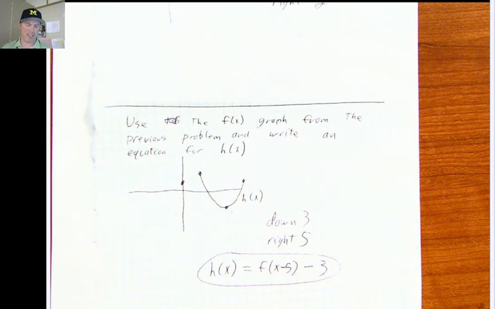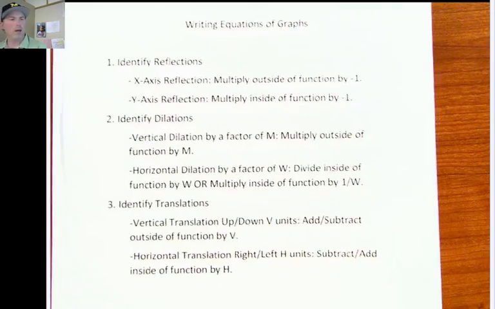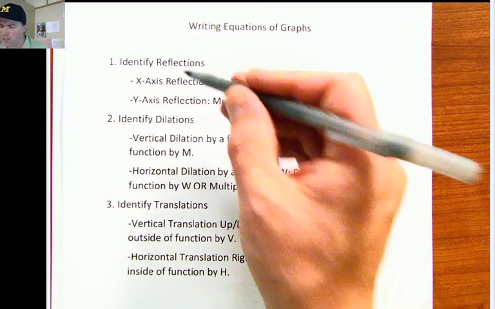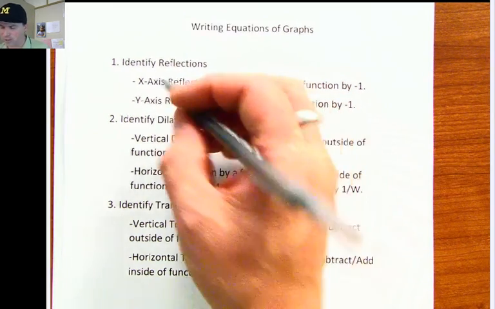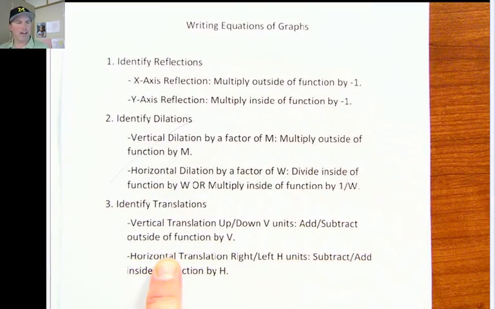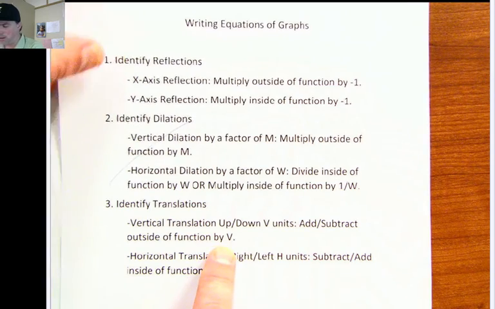I've typed up this writing equations for graph piece of paper, and I'm going to share this with you. Whenever you're given a graph, at this point we haven't done any reflections or any dilations, so these wouldn't happen on these problems tonight. But when you identify the translations, if it's a vertical translation, up or down v units, you add or subtract outside of the function by that v.